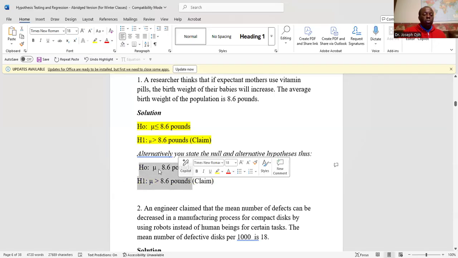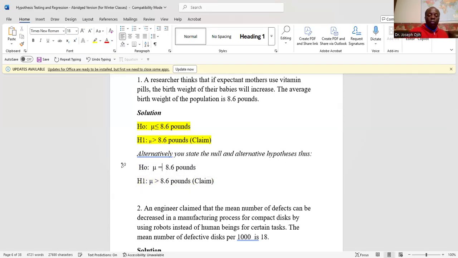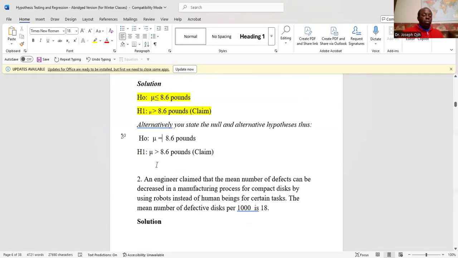So some books will just put an equal sign for all null hypotheses and only change the alternative. You can see how some books state it, and it's still correct. Both of them are correct.